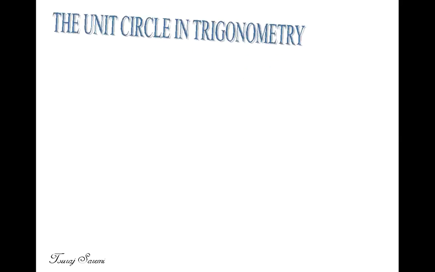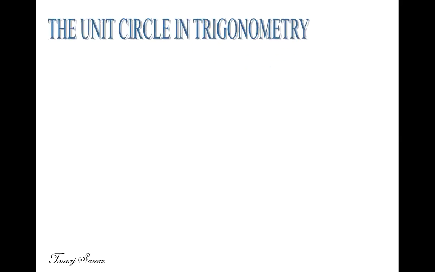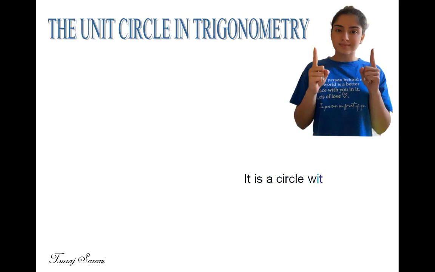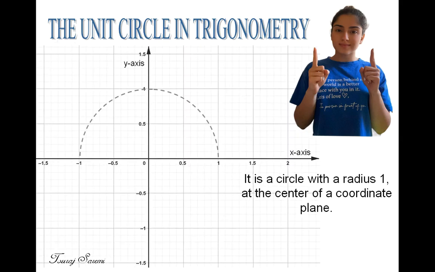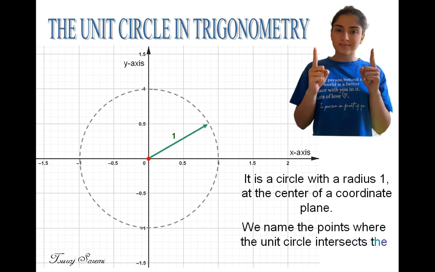The unit circle in trigonometry. It is a circle with a radius 1 at the center of a coordinate plane. We name the points where the unit circle intersects the coordinate axes.